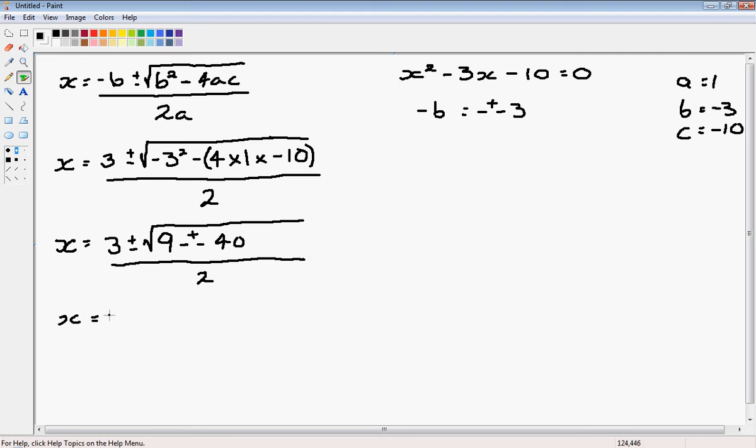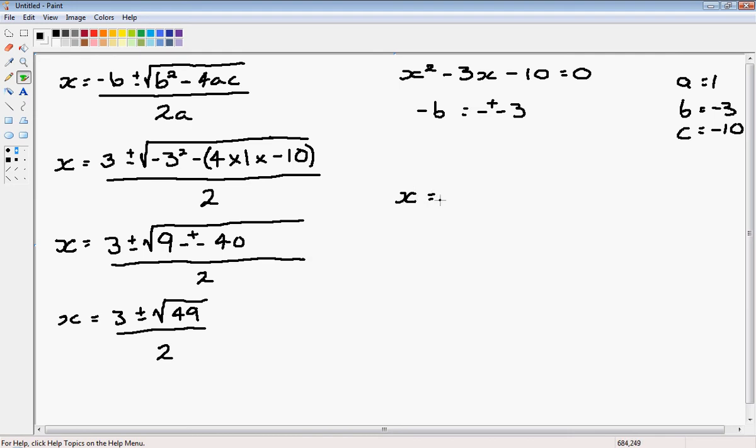So we have x equals 3 plus or minus the root of, now 9 plus 40 is 49, and this again is over 2. So now we can take this root out.